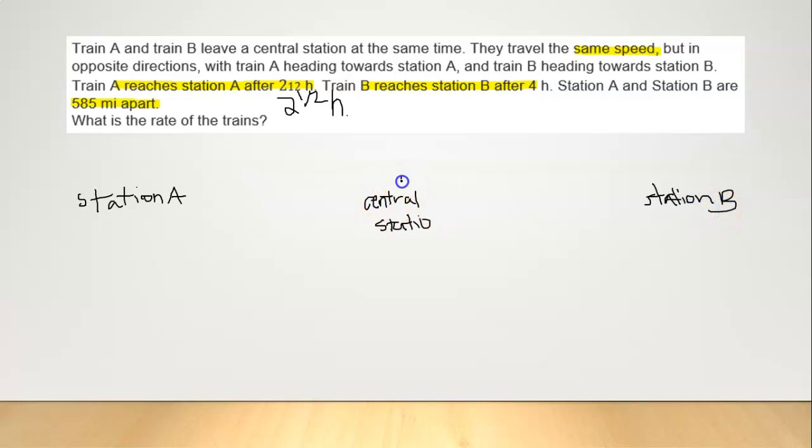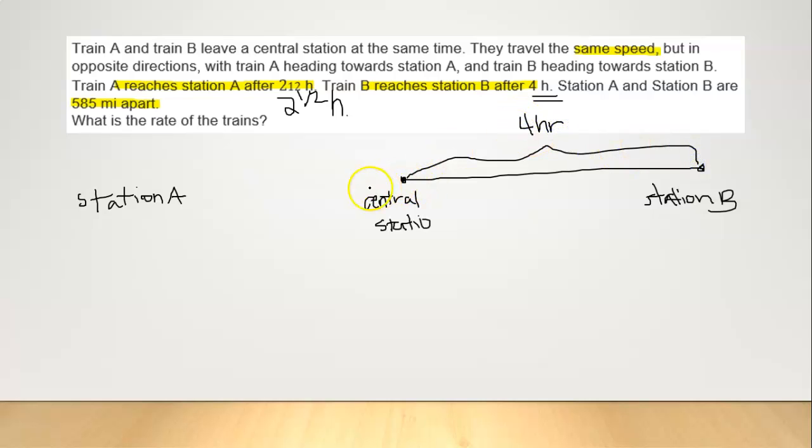All right, so train B leaves the station and ends up at station B. And that takes how long? 4 hours. So I'm going to label this length 4 hours. And then train A leaves Central Station and goes to station A, and that takes 2.5 hours.